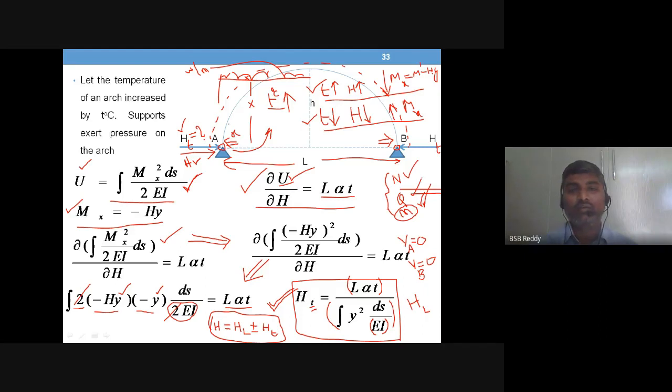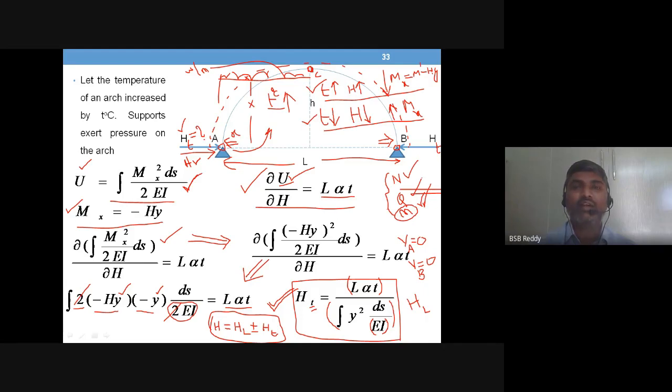Okay, as the discussion has come about temperature stresses, let us discuss what happens when you have a hinge at the crown. Because of temperature change, what happens to a three-hinged arch? If you have an internal hinge in any member, it will allow free movement or free rotation, in the sense.